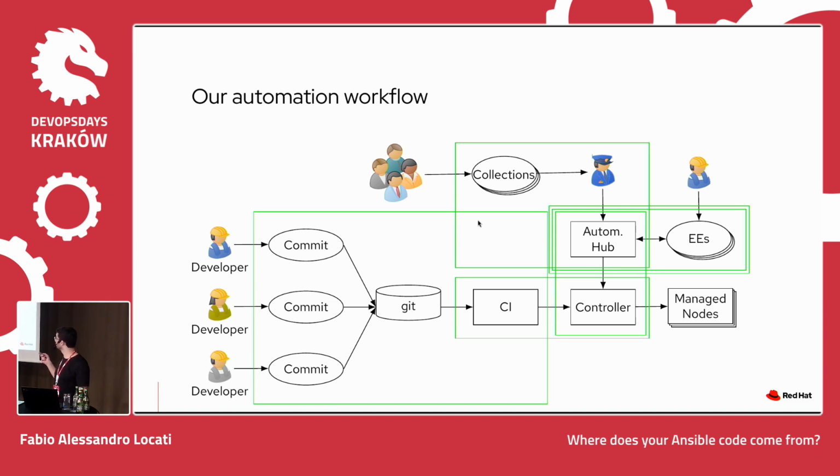Do you trust your automation hub? Those are critical points, because if your CI is compromised itself, it can validate those people's commits and then sign them, or it can start to sign code that arrives from third parties. So you need to be sure that your CI is actually secure. Same thing for the automation hub.